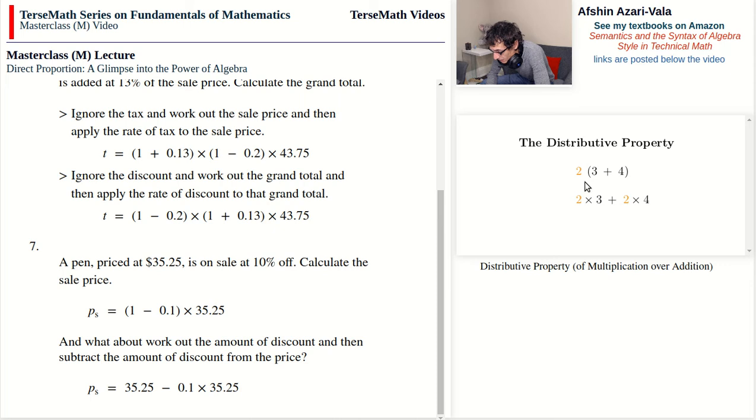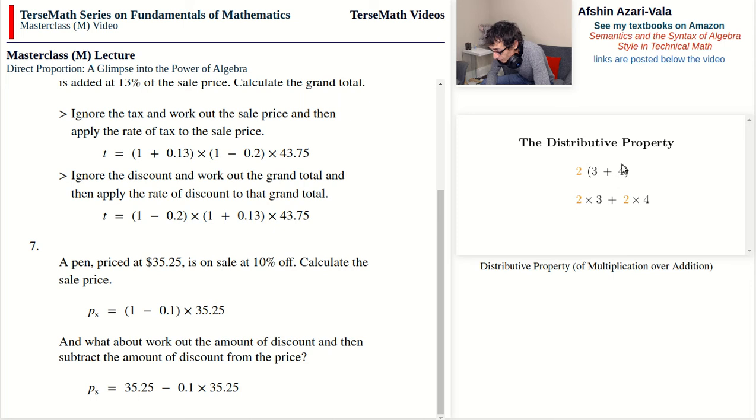Think of brackets as a box, and inside it we have, let's say, 3 pens wrapped together, and then 4 pens that are wrapped together, so a group of 3 and a group of 4. The way to double the total is either to take 2 boxes, which is what the top line says, where in one box, represented by brackets, we have 3 pens and 4 pens.